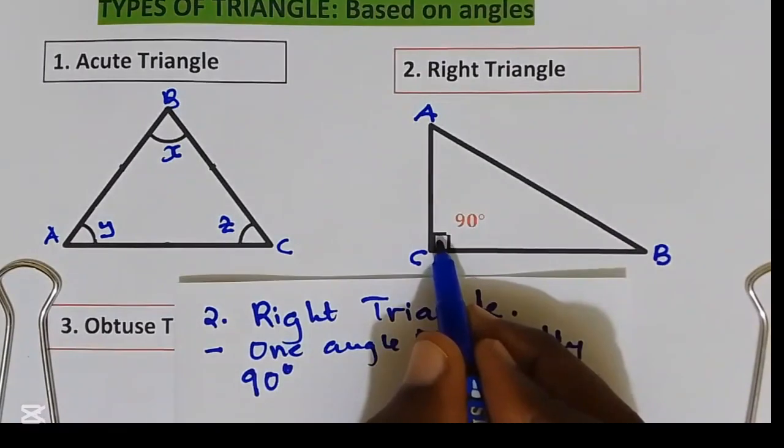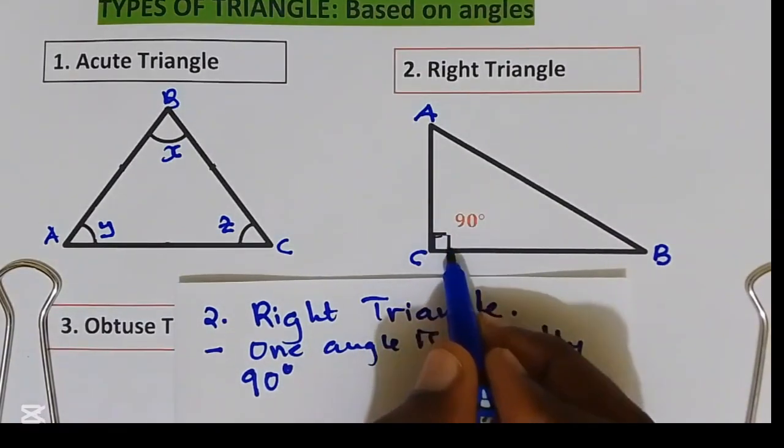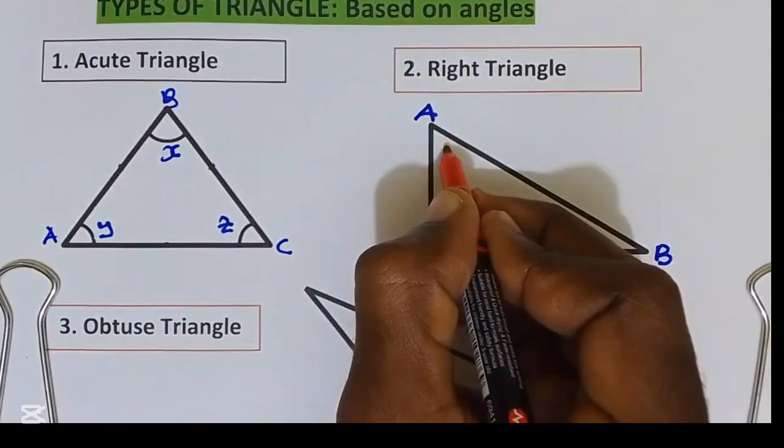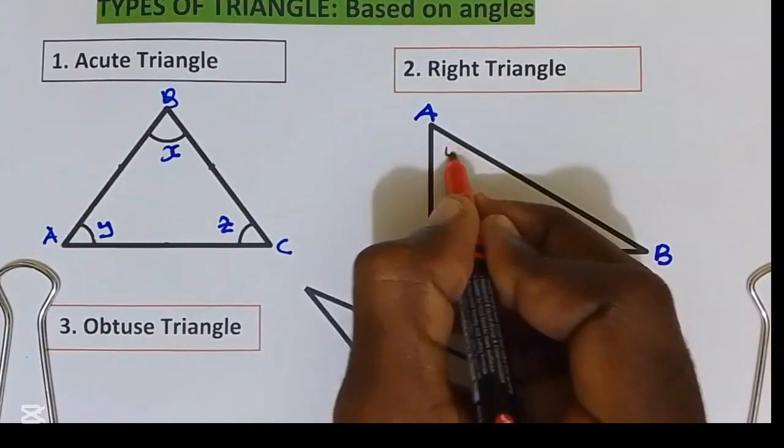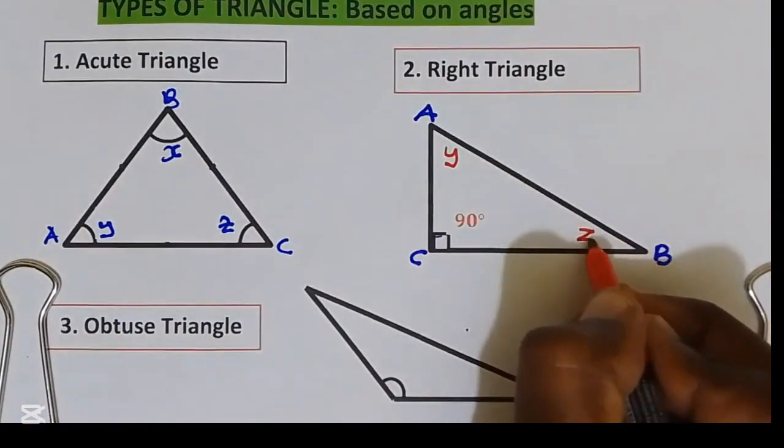And they show it by using this symbol of a right angle. Let me call the angle at A as angle Y and the angle at B as angle Z.